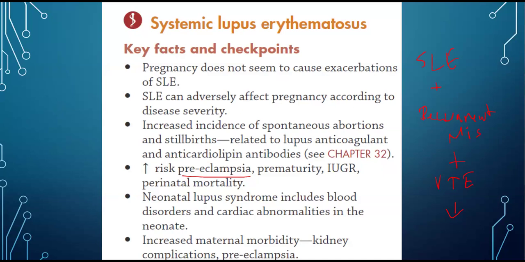After the first trimester, propylthiouracil is not contraindicated, but the best medication is carbimazole. That's why we switch to carbimazole. Yes, antiphospholipid antibody syndrome, right?